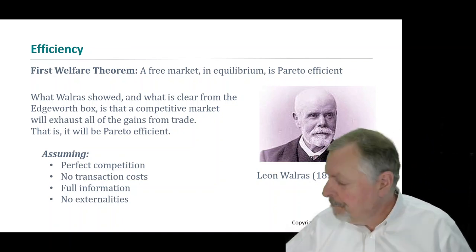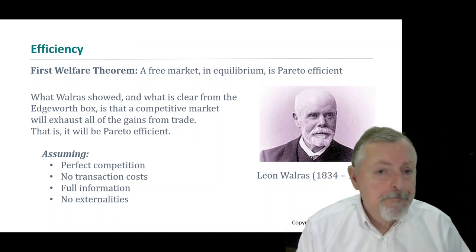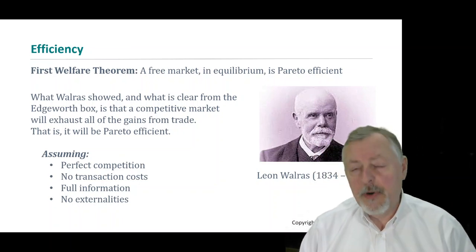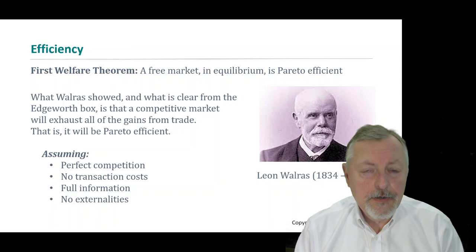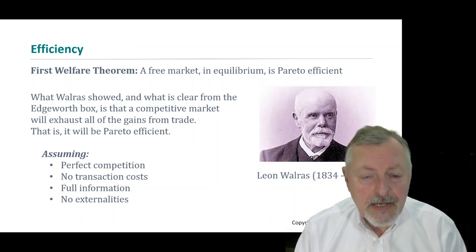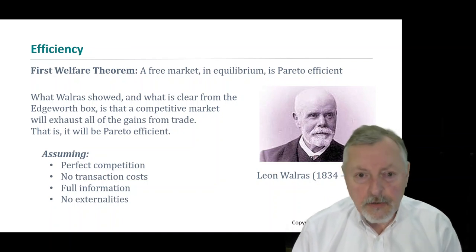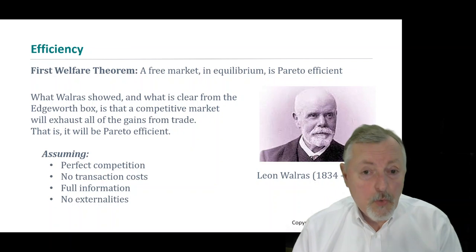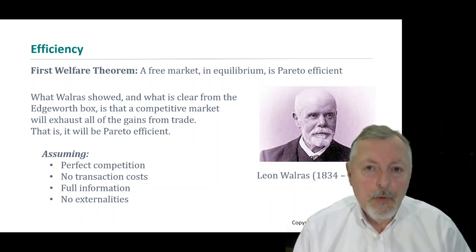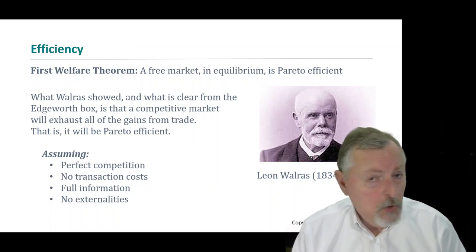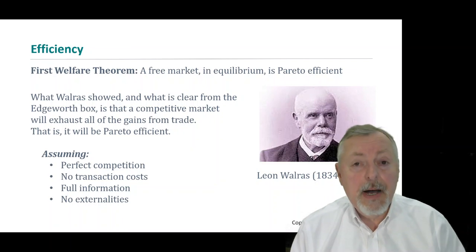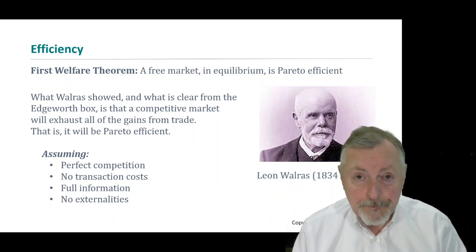A free market, which is what we just studied, when it reaches equilibrium, is Pareto efficient, meaning there is no other combination of price and quantity that will make everyone better off. The only way to make someone better off would be by making someone else worse off.